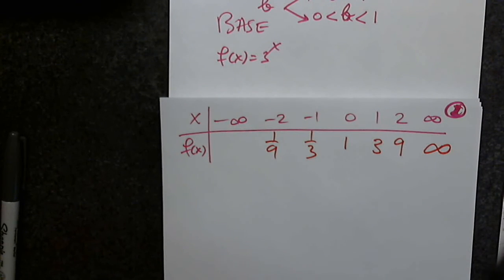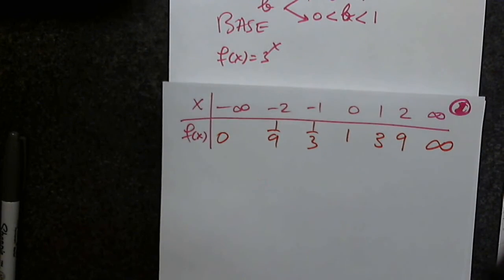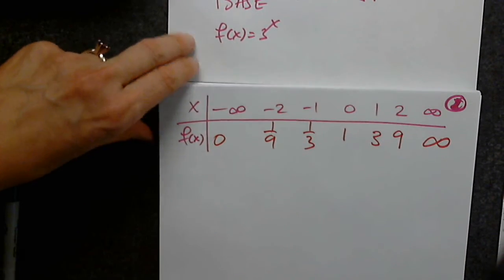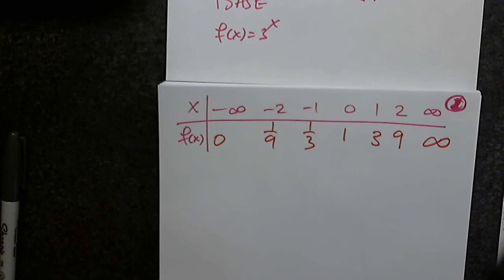Now I'm going that way: 1 over 3, 1 over 9, 1 over 27, 1 over 81... Can I say I have a negative k? Zero. Very good, 0. So what does this mean?